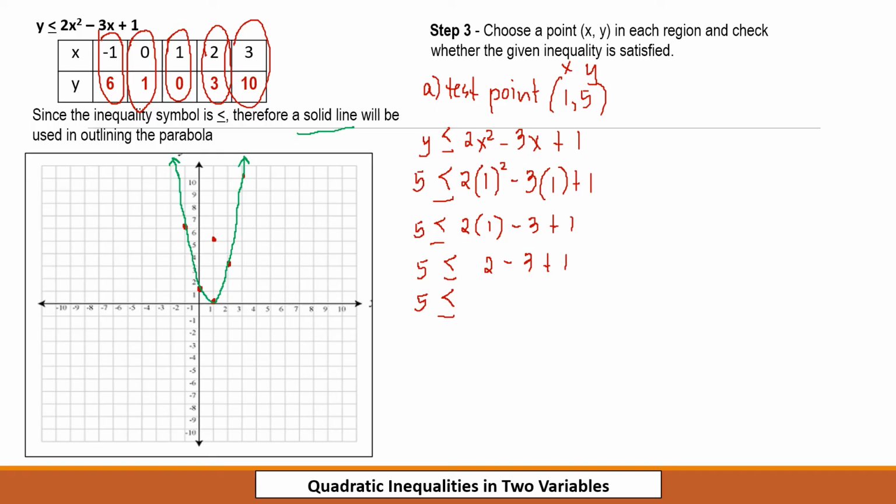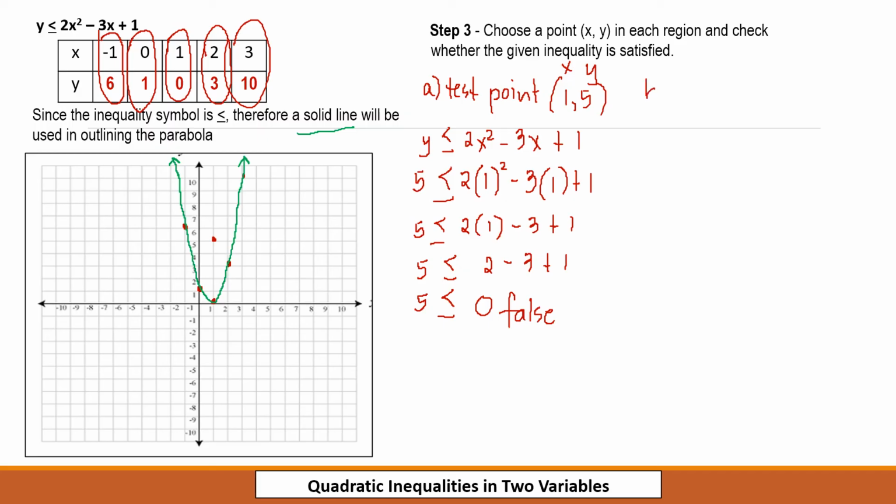Negative 1 plus 1, that is 0. So the statement now is 5 is less than or equal to 0. The question is, is it a true statement or is it a false statement? This is now a false statement, since 5 is not less than or equal to 0.